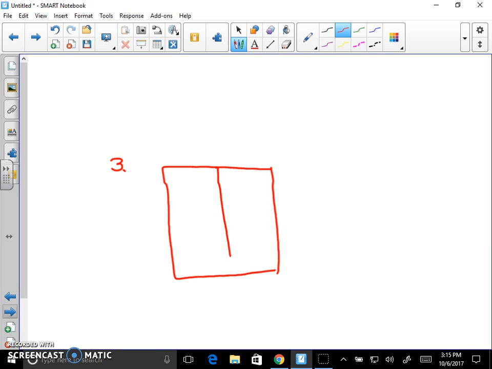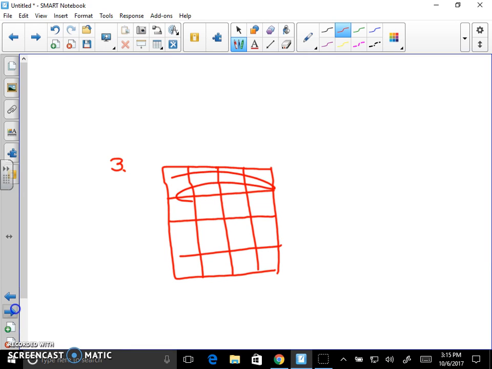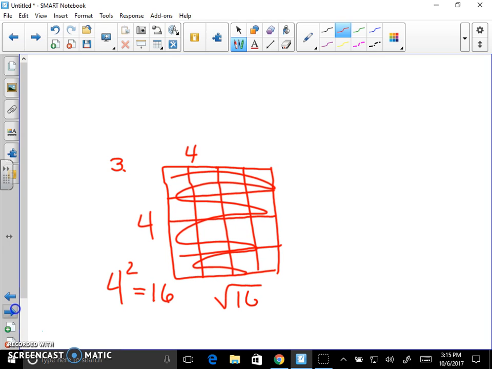So I've got 1, 2, 3, 4. I'm going to divide this in half, make it 2 there and 2 there. So 16 little squares should have been shaded. It's a 4 by 4. So 4 squared equals 16, and then the square root of 16 equals 4. That's how you figure out it's a perfect square.